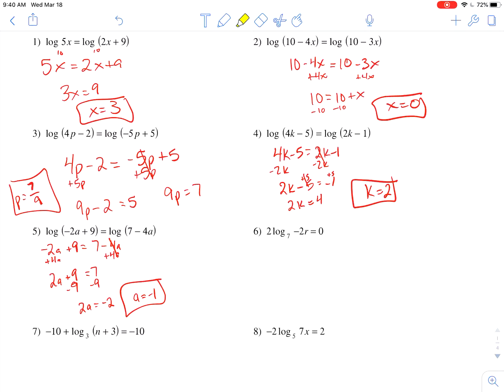And then here's where we've got to start using some of our properties, writing things in a different format. Anytime I have a log equals 0, I'll have to write that in a different format. But first, let's condense this log. So we've got a number out front, and what do I do with a number out front?